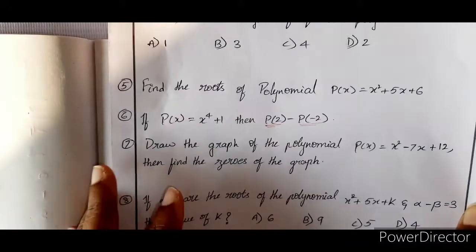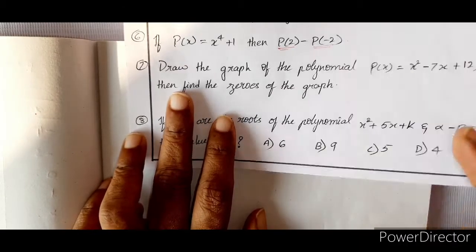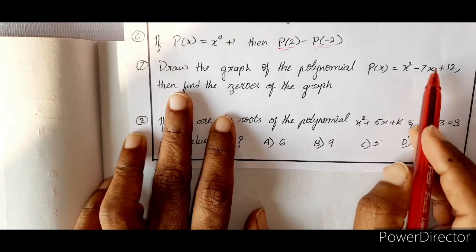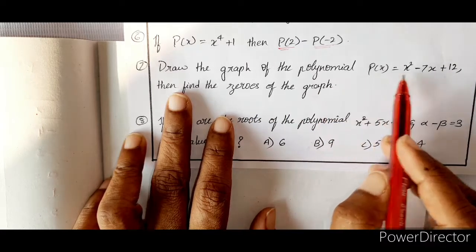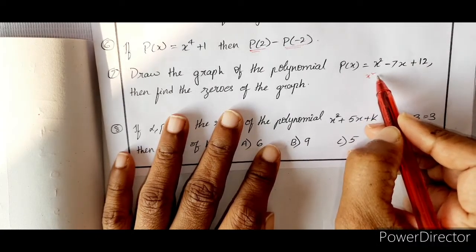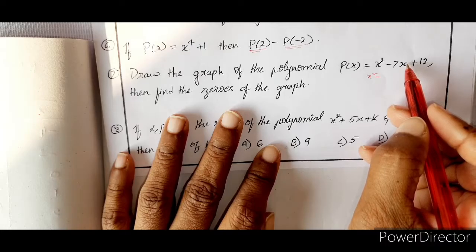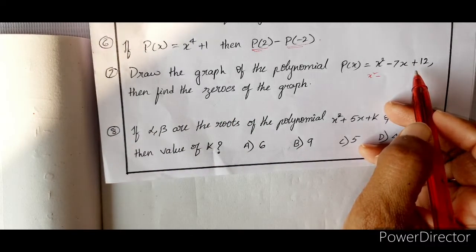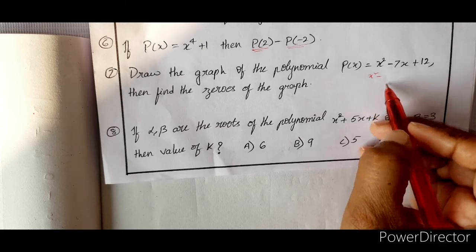So now the next one is: draw the graph of the polynomial p of x is equal to x square minus 7x plus 12. Then find the zeros of the graph. As I said, you use middle term splitting and then find the zeros.